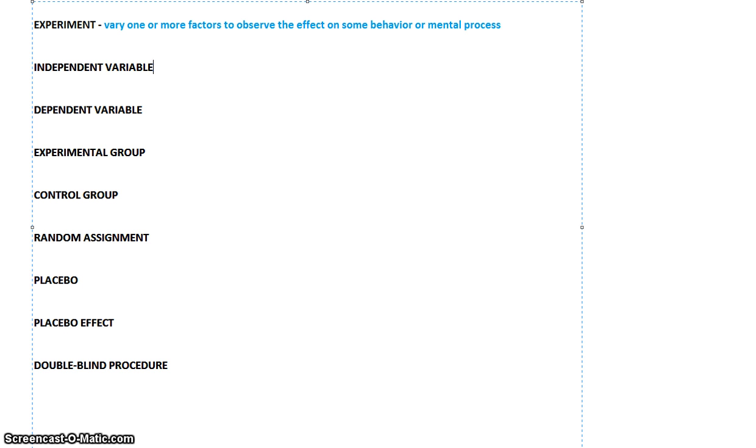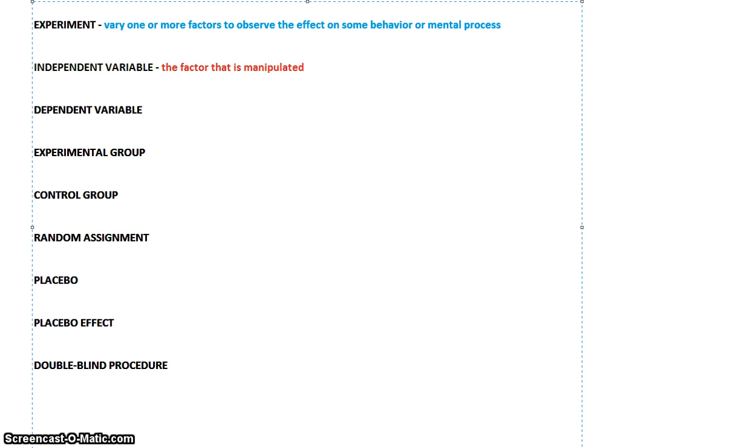So you have to have two variables. One of those is going to be the independent variable. So the independent variable is the factor that is manipulated. So for example, the main example we'll use, since it's a psychology class, is whether a certain drug alleviates depression.